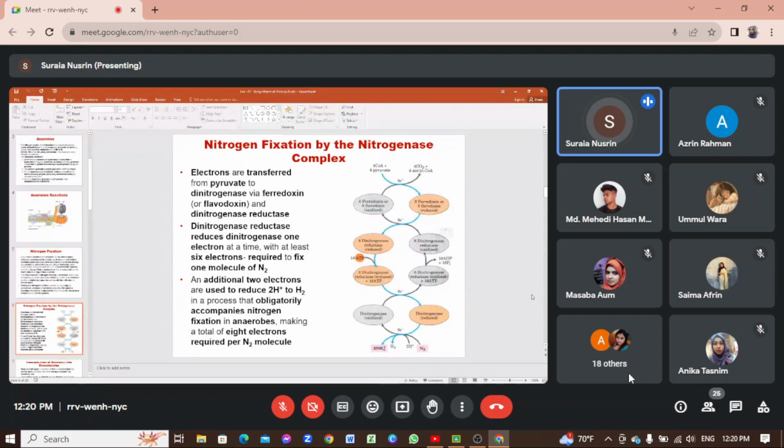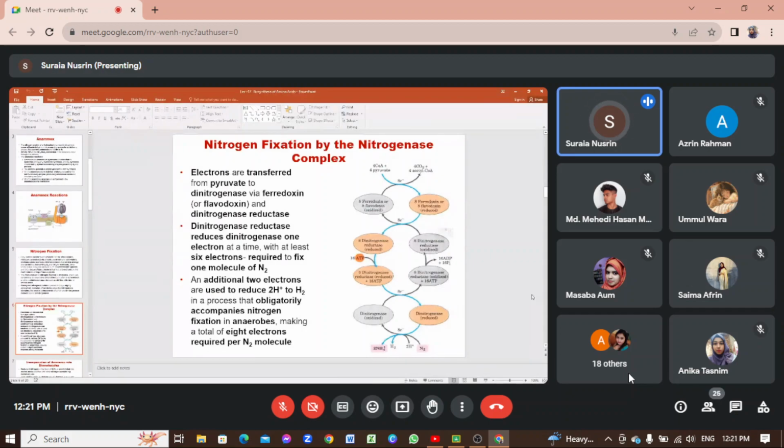If you look at the reaction, the source of electrons is the reaction where pyruvate is converted to acetyl CoA. We have already learned this reaction elaborately, done by the enzyme pyruvate dehydrogenase complex. During that reaction, electrons are released.